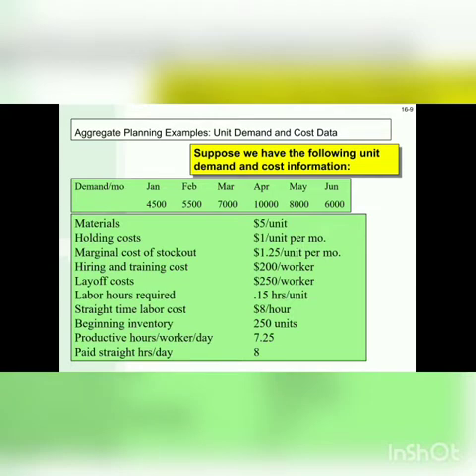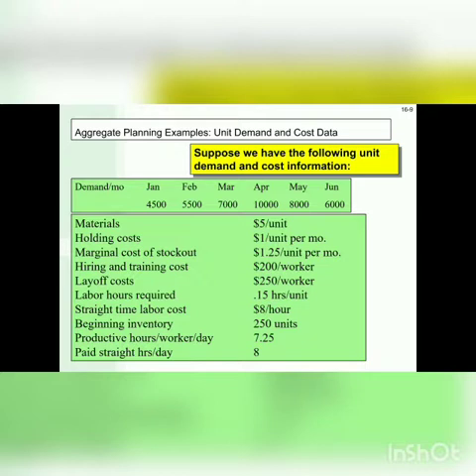And the cost information is given here. The cost of the material is $5 per unit. Holding cost is $1 per unit per month. Marginal cost of stock out is $1.25 per unit per month. Hiring and training cost is $200 per worker. Layoff cost is $250 per worker.